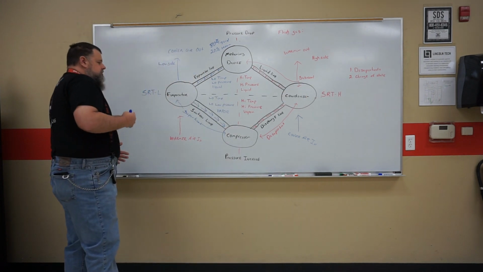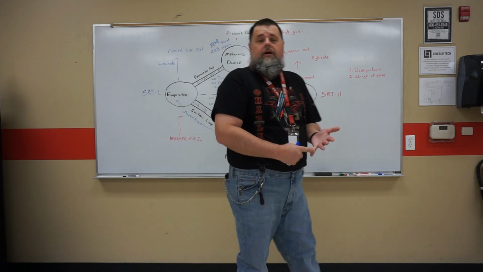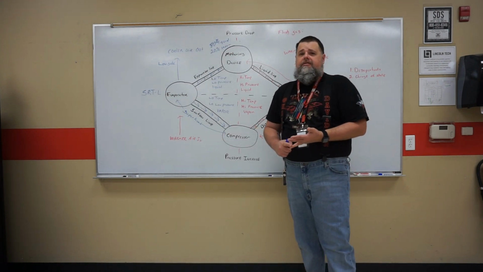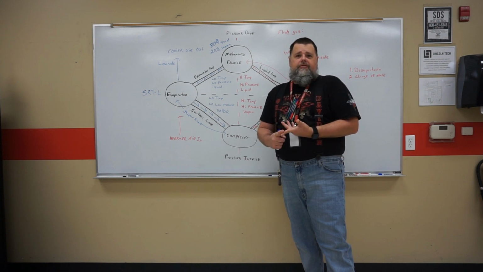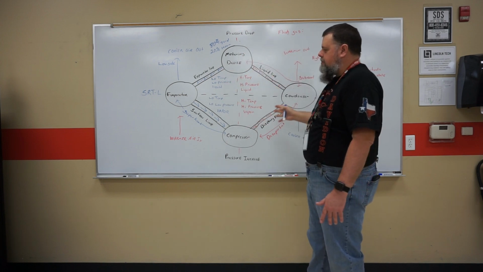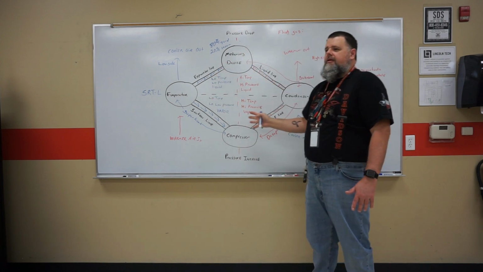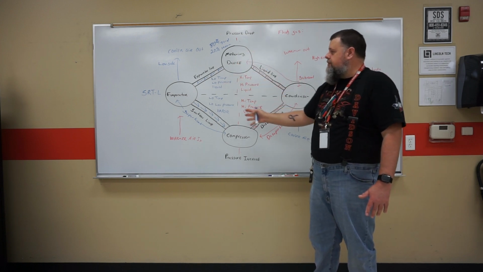Basically the refrigeration cycle does not change regardless if it is a refrigerator, an air conditioning system, a large commercial chiller, or big industrial ammonia systems. These things will continue to happen. This is what you want to happen. This is how we get things from a warm temperature to a cool temperature through this refrigeration cycle.